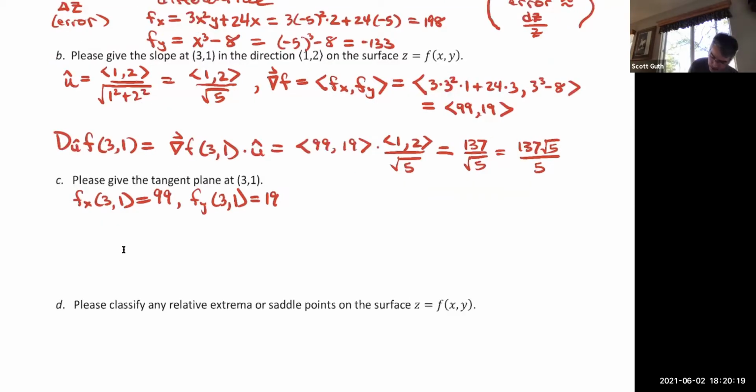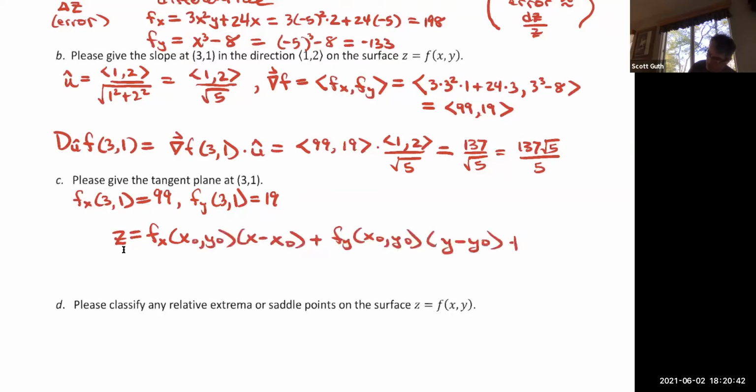Okay, so the tangent plane is as follows, plus the z naught. So z naught is f of x naught, y naught. This is for z equals f of x, y.